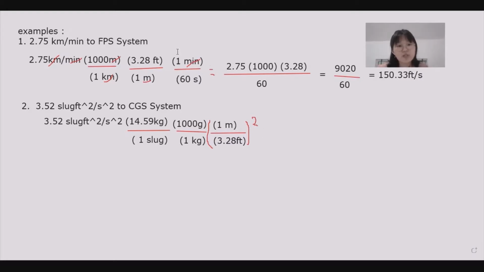And then the next one, we need to change from 1 meter to 100 centimeter.